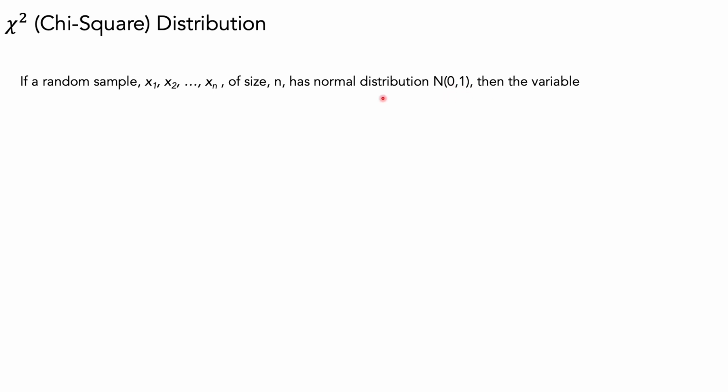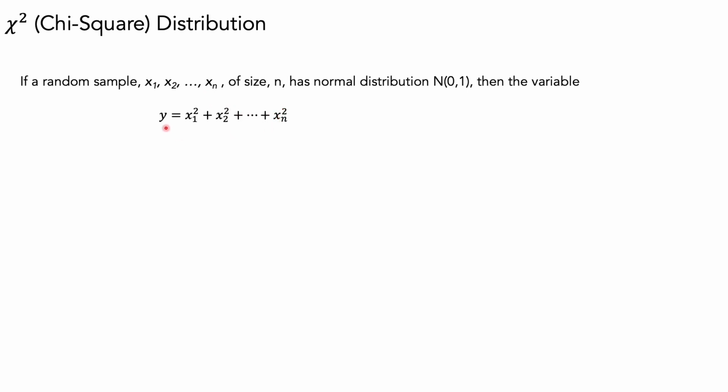Then the statistic, this one, which is computed from these variables, is actually equal to the sum of the squares of these observations. Okay, so x1 squared plus x2 squared plus x3 squared, and so on, plus xn squared.